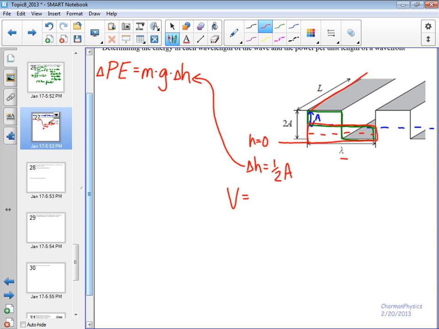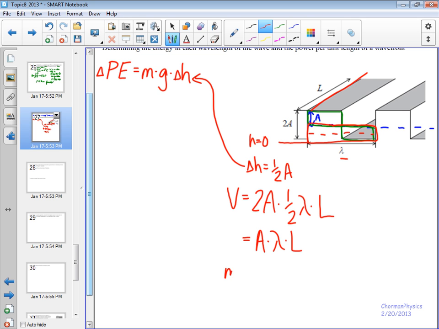So the height is 2 times the amplitude, and the width is half the wavelength. So your volume looks something like this. Obviously the 2 and the 1/2 are going to cancel out, so we are left with this.